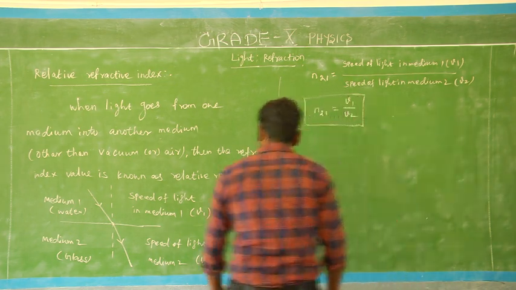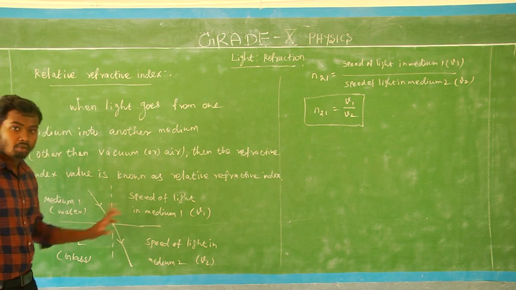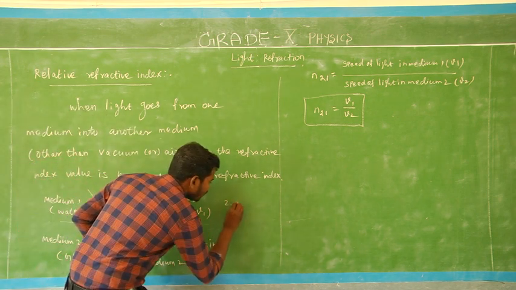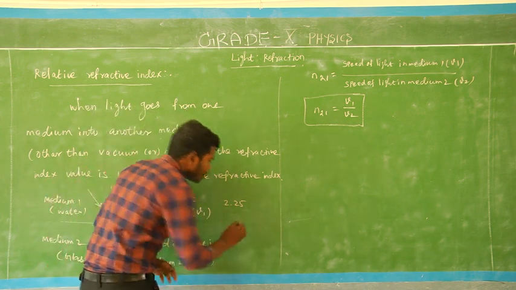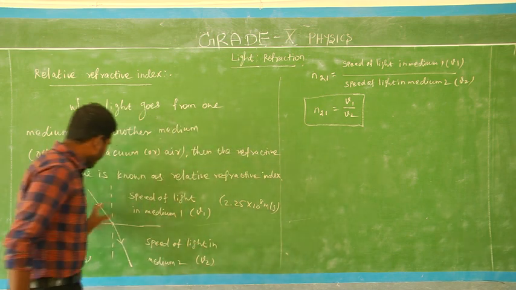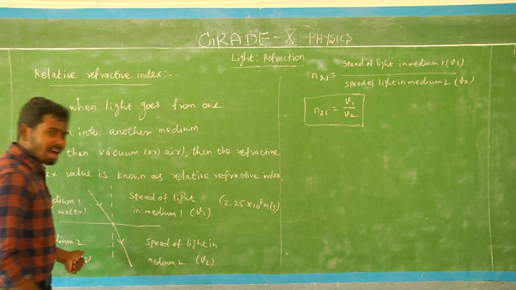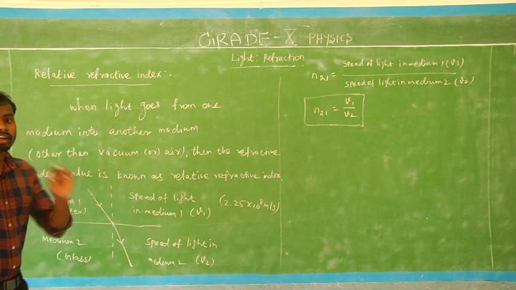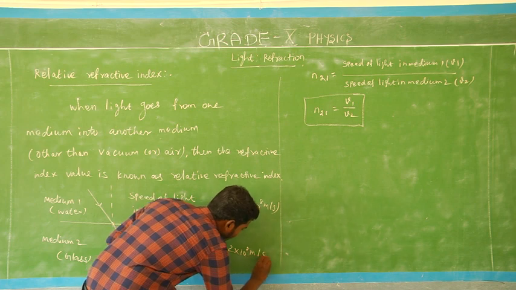What is the speed of light in water? The speed of light in water is 2.25 into 10 to the power of 8 meter per second, whereas the speed of light in glass is 2 into 10 to the power of 8 meter per second.